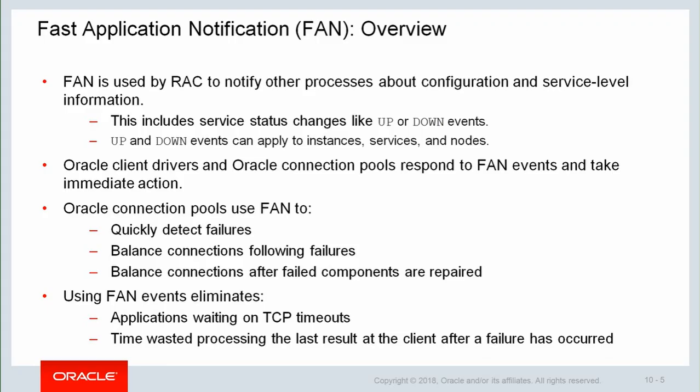The reason why we use FAN in the clustered environment is so that the application takes action as quickly as possible. Otherwise, the application waits for TCP timeout, so it will take a longer time until it realizes the problem on the cluster side.